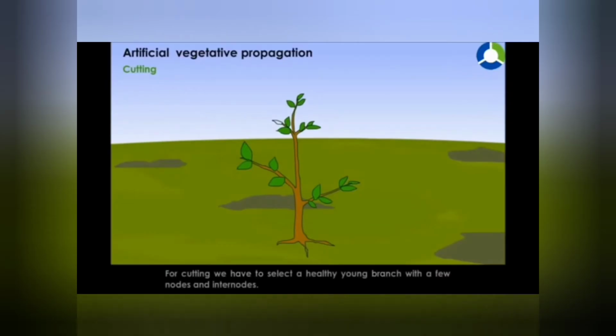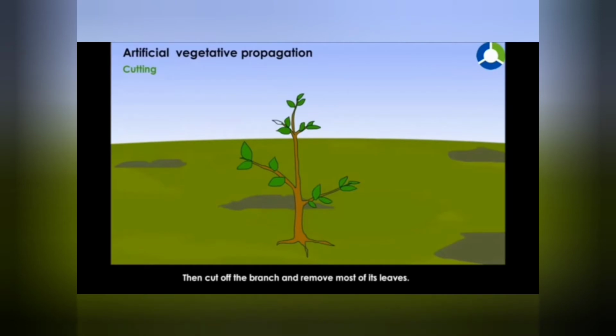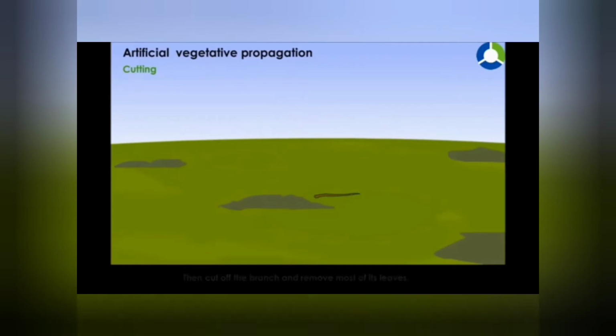Cutting. For cutting, we have to select a healthy young branch with a few nodes and internodes. Then cut off the branch and remove most of its leaves. Now the cut end is stuck into some good moist soil.